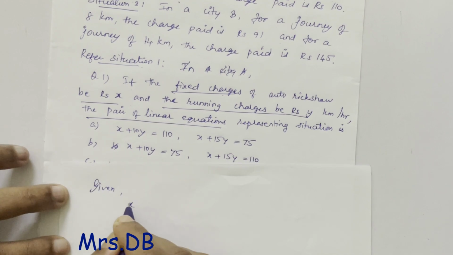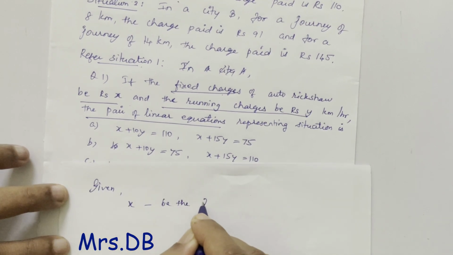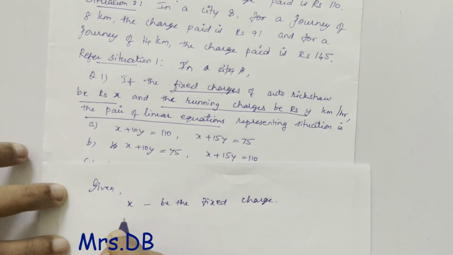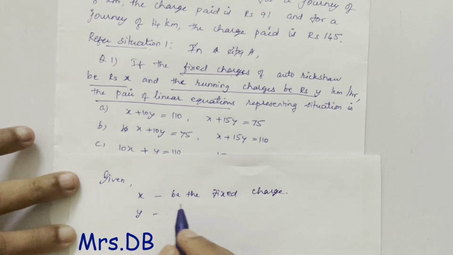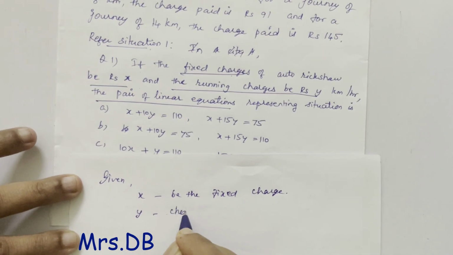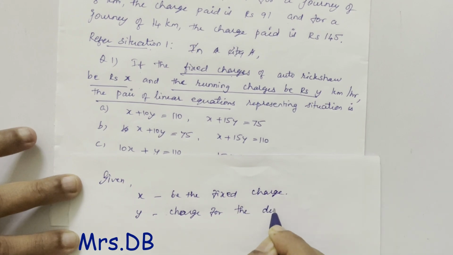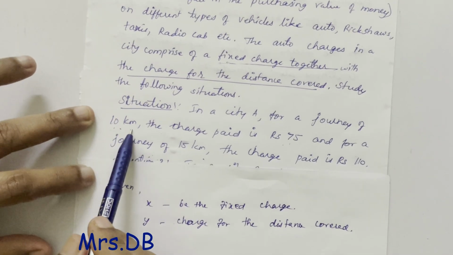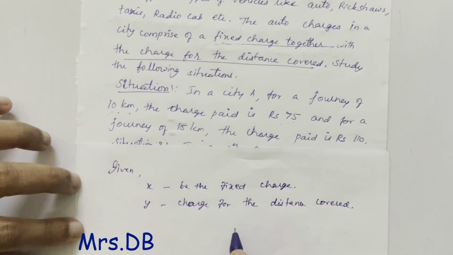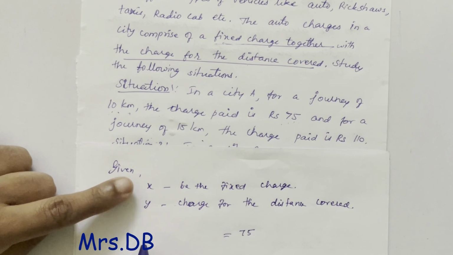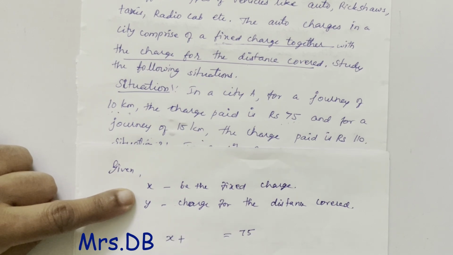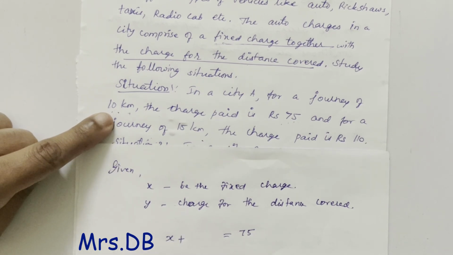Given X be the fixed charge. Charge for the distance covered is Y. In the first situation, for 10 km, rupees 75. So X be the fixed charge, plus how many kilometers he travelled? 10 km.